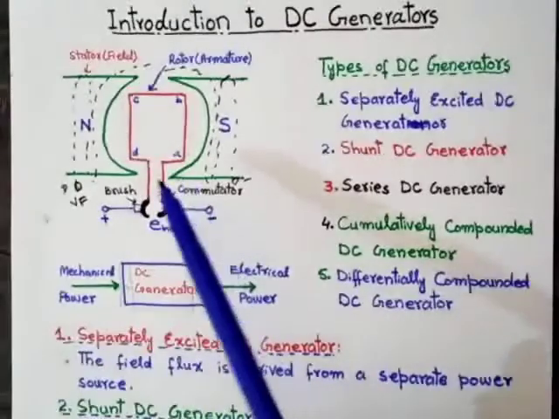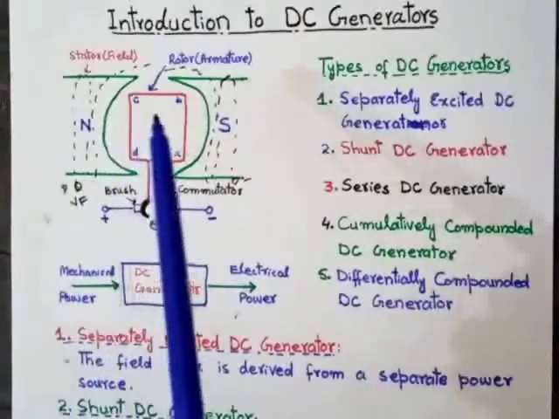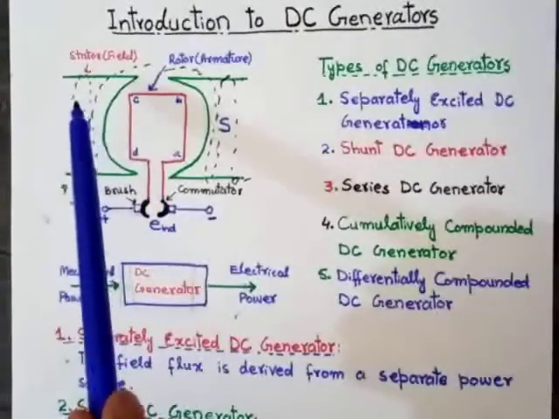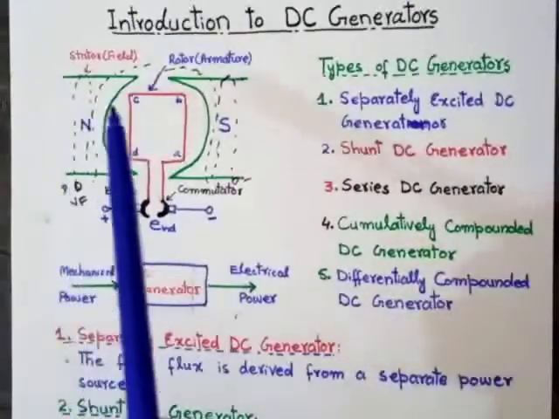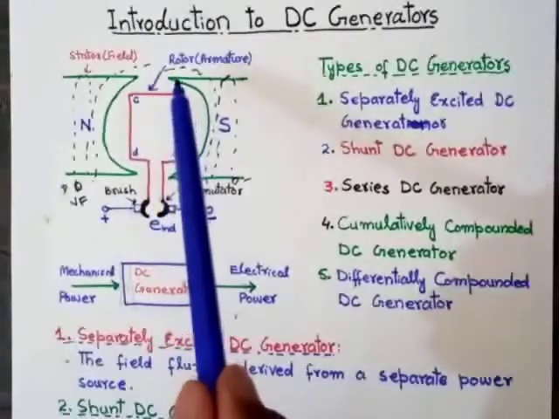As you can see in this figure, there are 2 main parts of the DC generator. The static part of this machine is called the stator, and the rotating part is called the rotor.